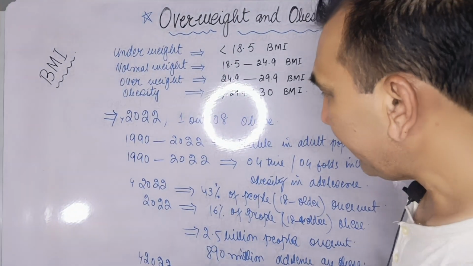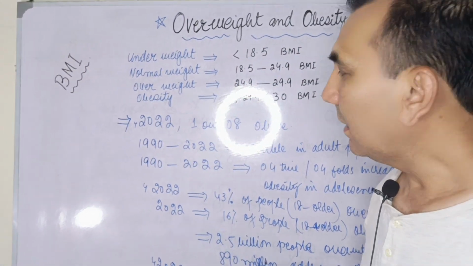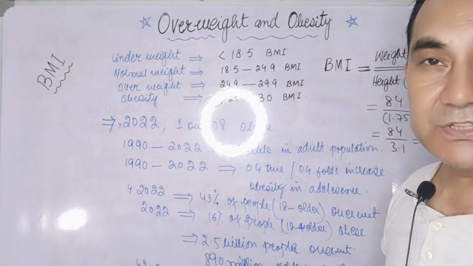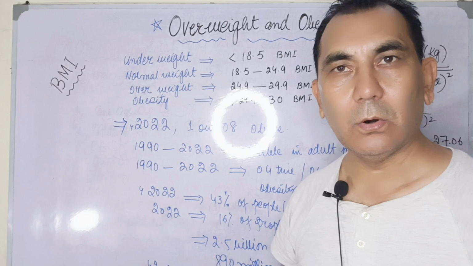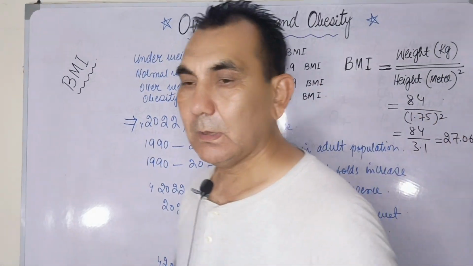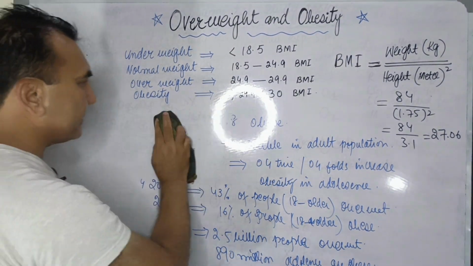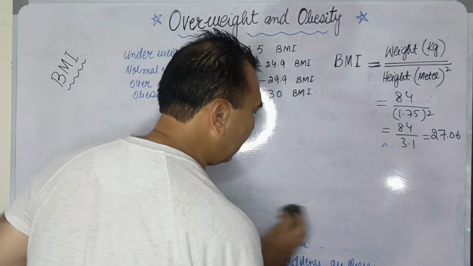These are the statistics of the WHO which I shared with you, which are very alarming for all public health experts. Let me share another statistic with you all, which is very interesting.